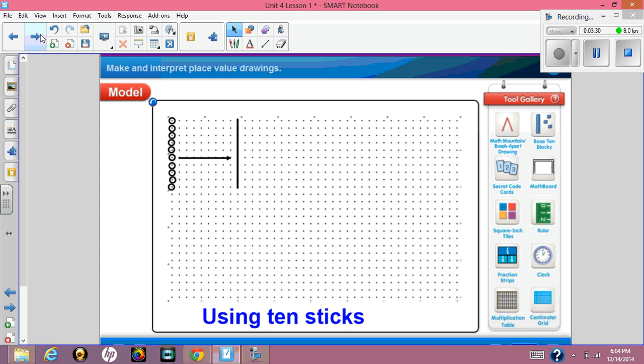Let's look at our 10 sticks. So here again is our 10 ones, and we have drawn it again right here. Each of these represents 1, and each of these represents 10.